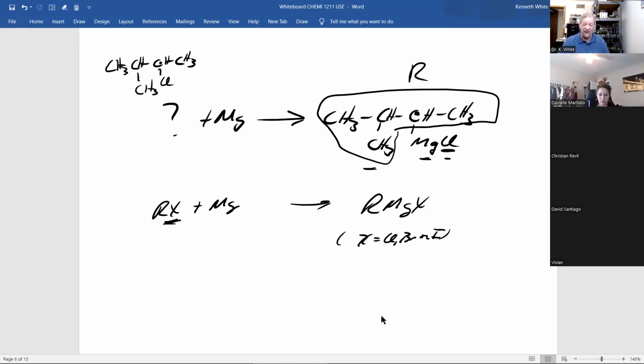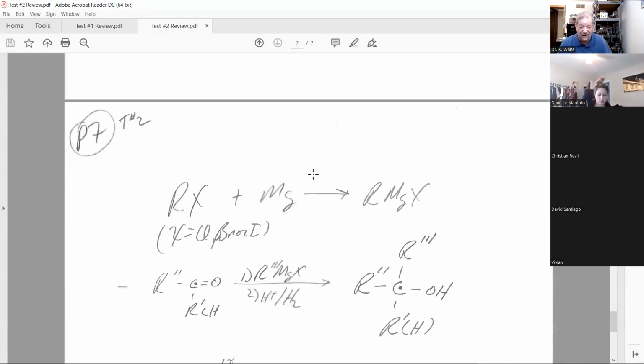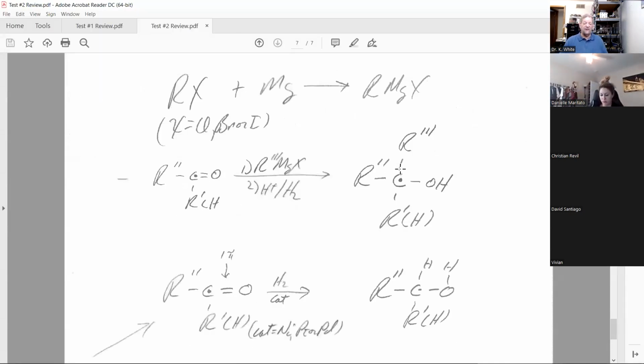And why make this? Because this is a nucleophile. It attacks the carbonyl carbon of a ketone or aldehyde. Later on, you'll learn about an ester in the Grignard reaction to form that very special thing, a carbon-carbon single bond.